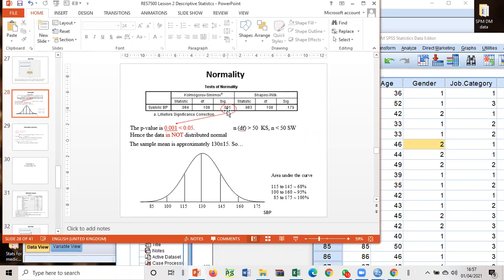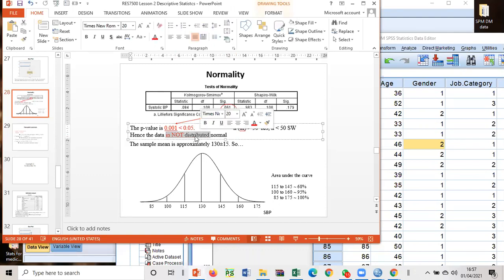Yes, then you see the data can be assumed normal. In this case, 0.061, more than 0.05, therefore the data is distributed normal.